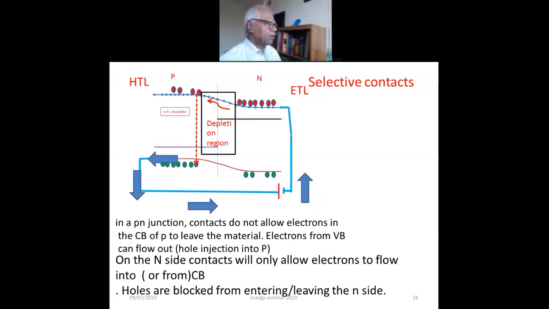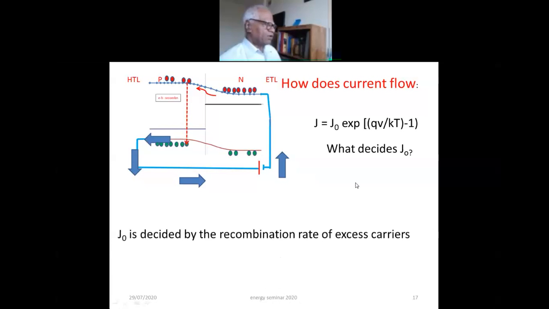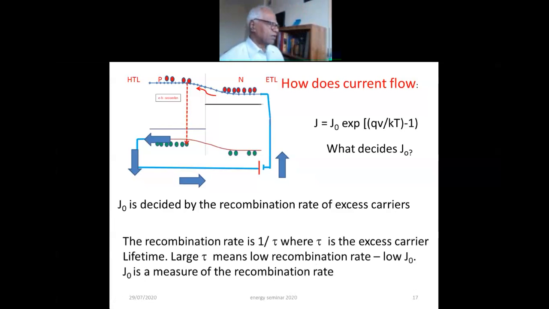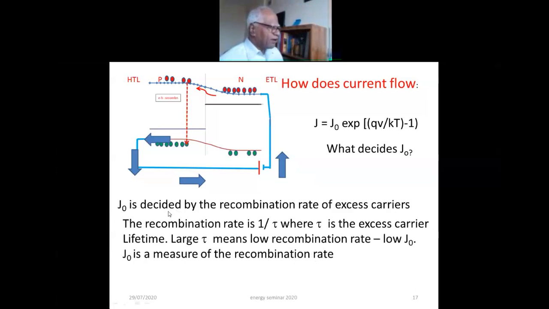If you ask how many recombination events are there, it is just J naught divided by Q. That's the total number of recombination events that you actually have in here. And the recombination rate is given by 1 by tau, where tau is the lifetime of this carrier. If the carrier has a very large lifetime and does not recombine, then tau is going to be very large, and then J naught will be small because the number of recombination events will become very small.